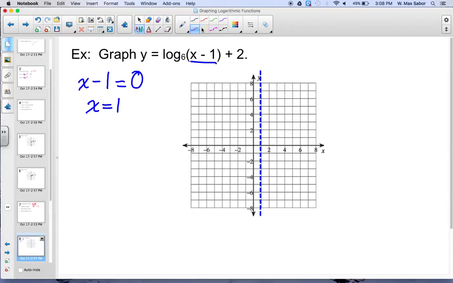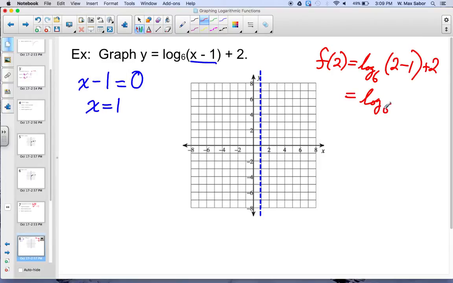2 seems like a promising number to plug in because 2 minus 1 gives us 1, and we know what that is. So f of 2 equals log base 6 of 2 minus 1, plus 2, which is log base 6 of 1 plus 2.